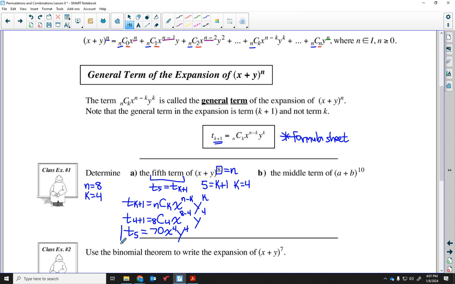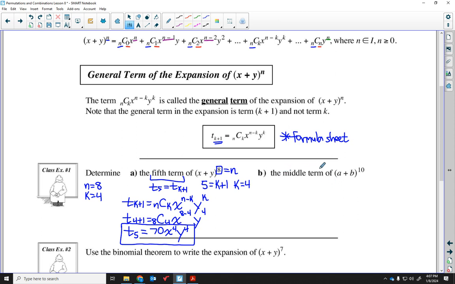So without doing the full binomial expansion, using the binomial theorem, we can use the general term formula to identify an exact term value within the expanded binomial. Term 5 has this value, and that's significantly less work compared to expanding the whole thing.